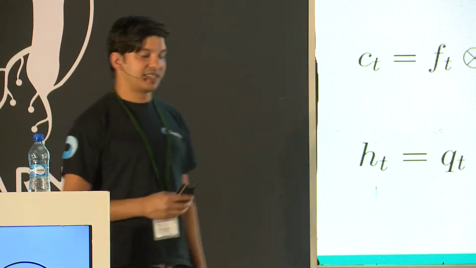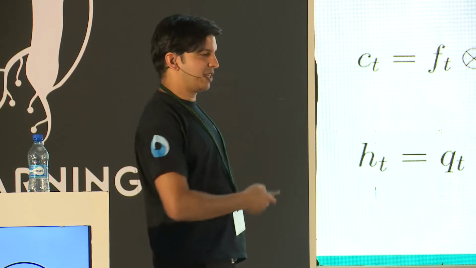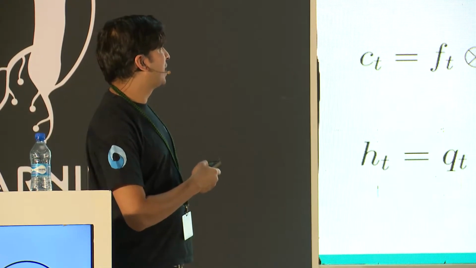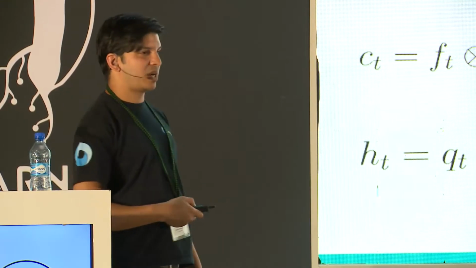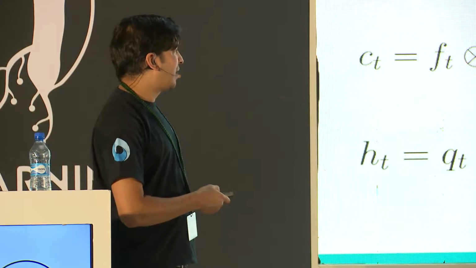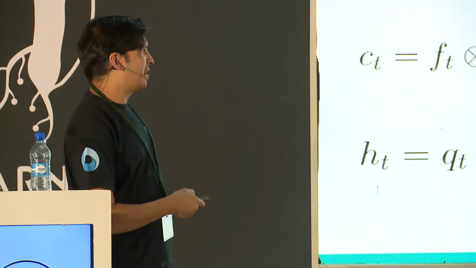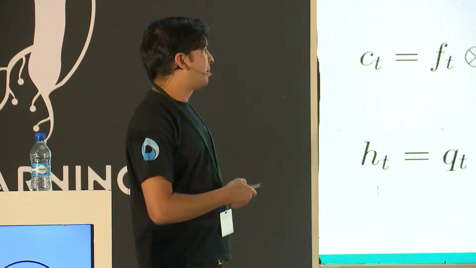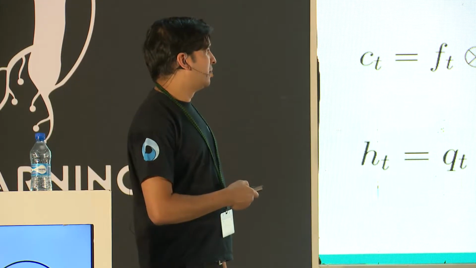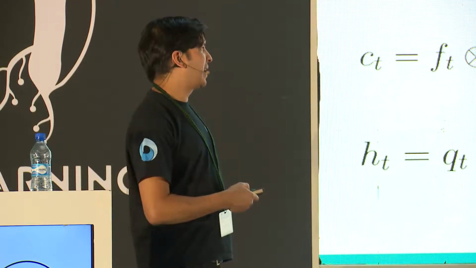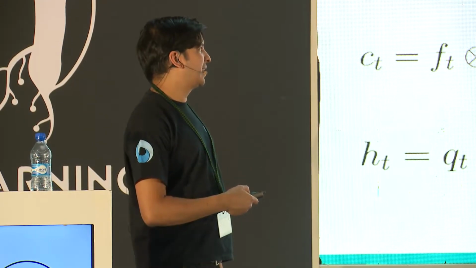Okay, so these are the equations, all grouped together. We have 3 gates. Each gate has 2 weight matrices and a bias vector as parameters. We have some more standard RNN parameters, which create what we call a candidate state by multiplying the current input and the previous state.